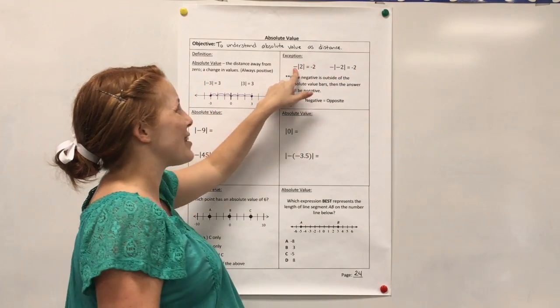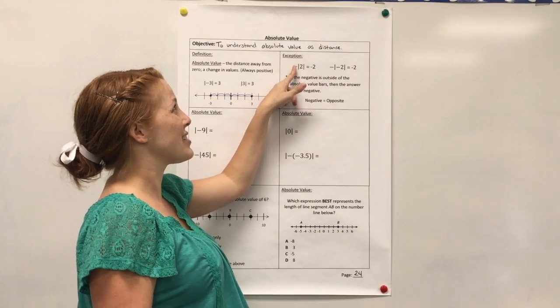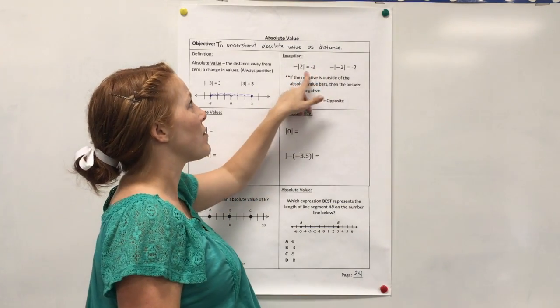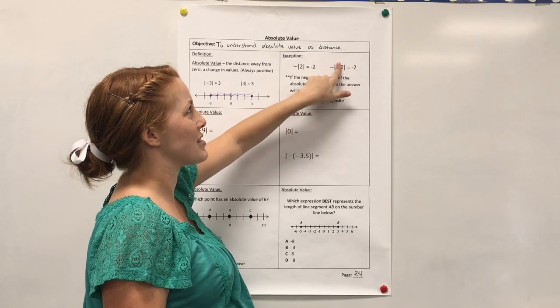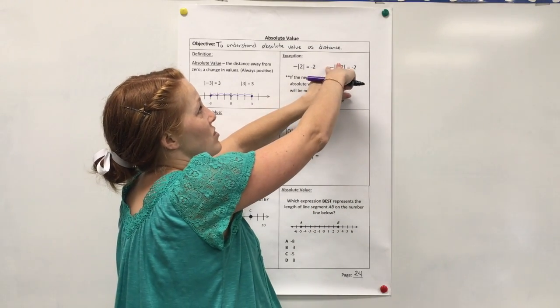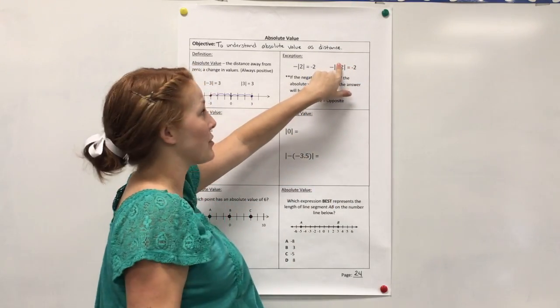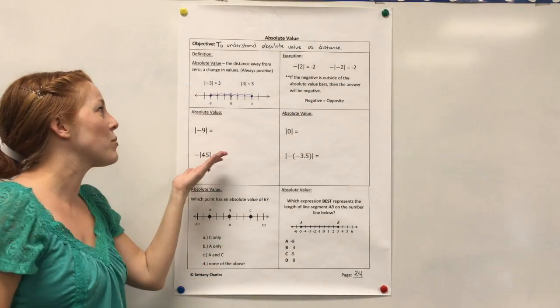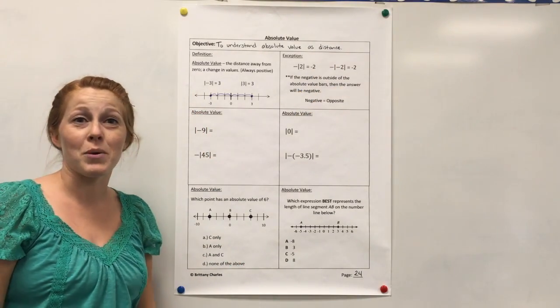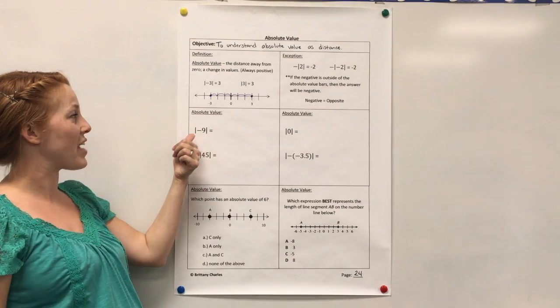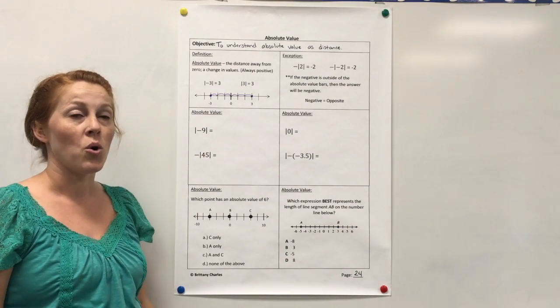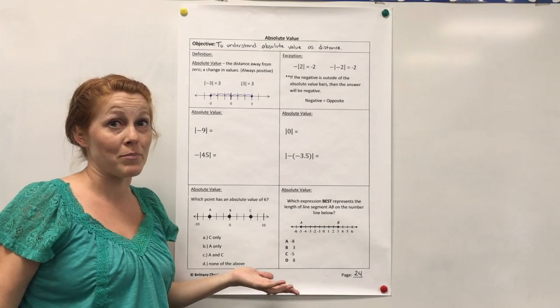So basically, if you see the negative on the outside of the bars, it's still going to carry to your answer. But if it's on the inside, it really doesn't count. This one has one on the outside, so that's why it's still negative here. All right, so now we're just going to find the absolute value of some numbers. So here we have the absolute value of -9. Well, how far is -9 from 0?